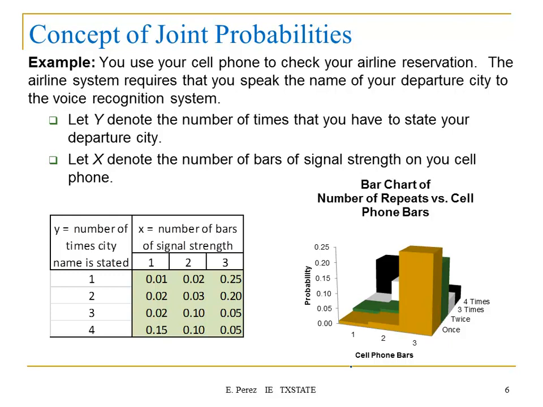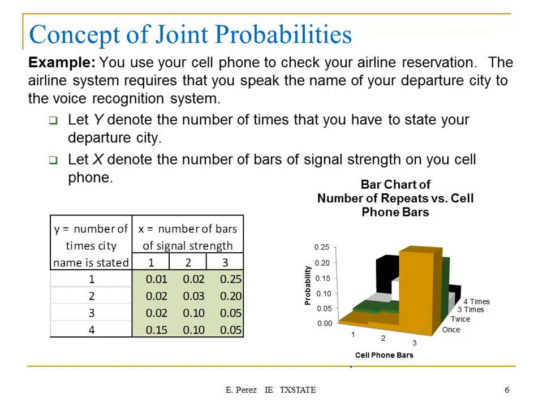So essentially, we have a variable that denotes the number of bars of signal. Let's say you have 1, 2, and 3. And you have another variable that basically represents the number of times that you have to repeat the name of the city where you're going to travel. So, any ideas of what this is showing, these probabilities? The worse the signal, the more time. Exactly.